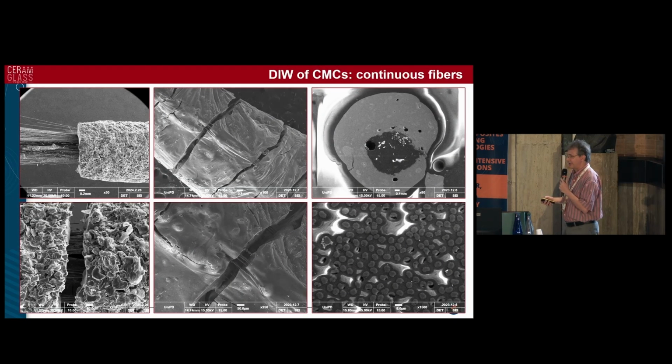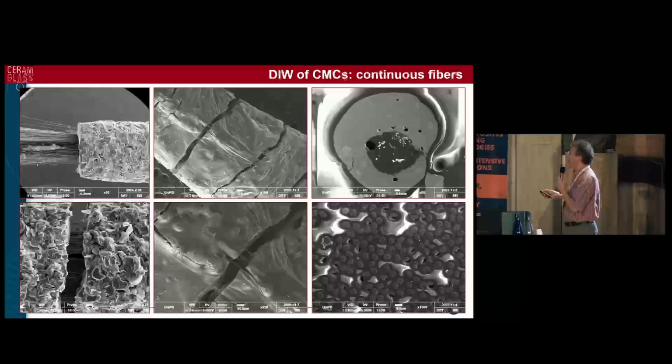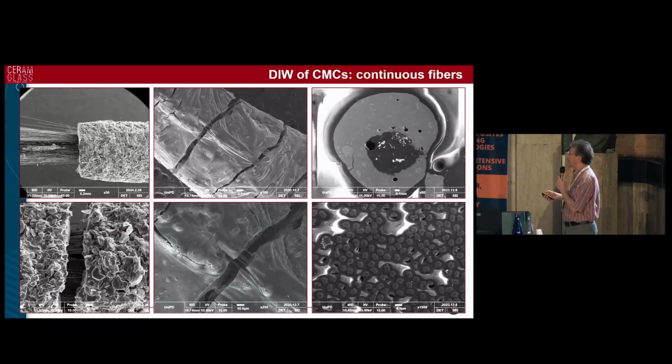So we will need to do further PIP, polymer infiltration and pyrolysis cycles in order to heal these cracks. But you can see here that with this approach, we have been able to achieve a dense matrix between the fibers.